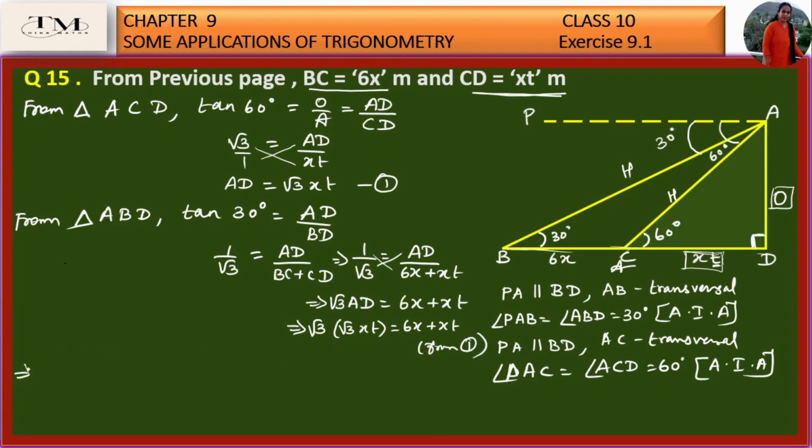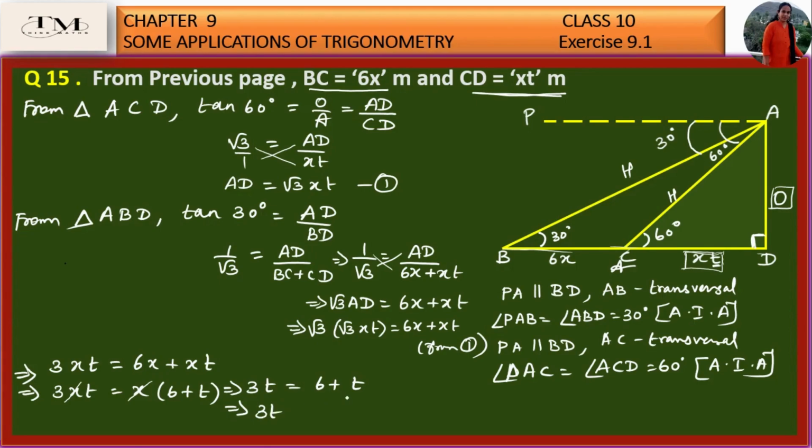Now root 3 into root 3 is 3. So 3xt is equal to 6x plus xt on the other side. Here x is common, so take x outside: 6 plus t. This x gets cancelled. So we will get 3t equal to 6 plus t.